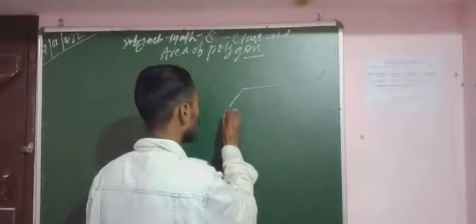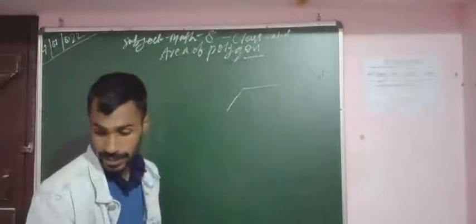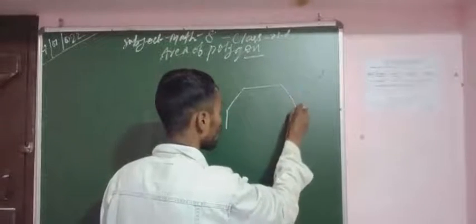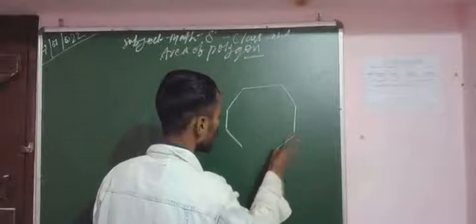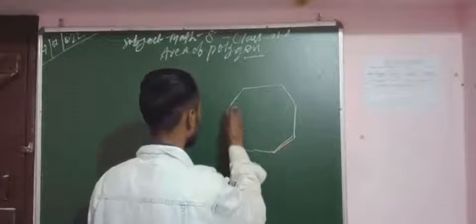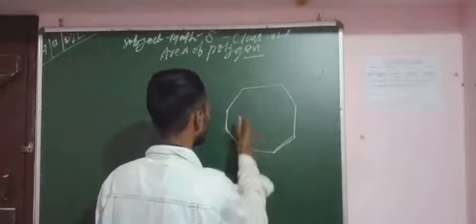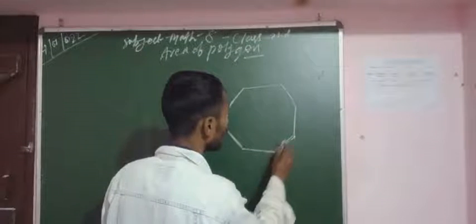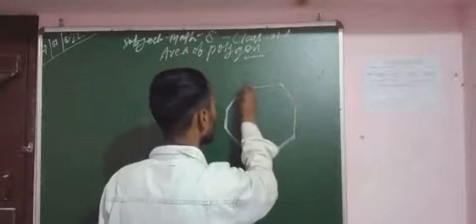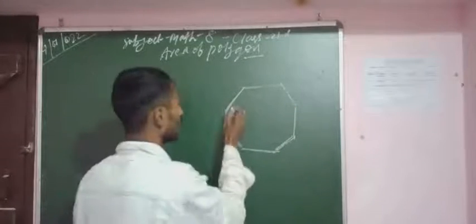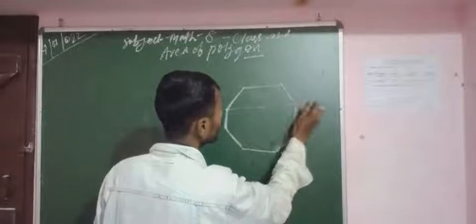Look at this, the figure is known as an octagon. Why? Because there are 8 sides in the figure. Now look at this octagon.